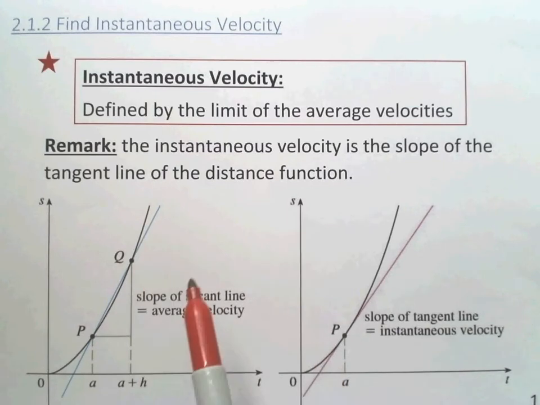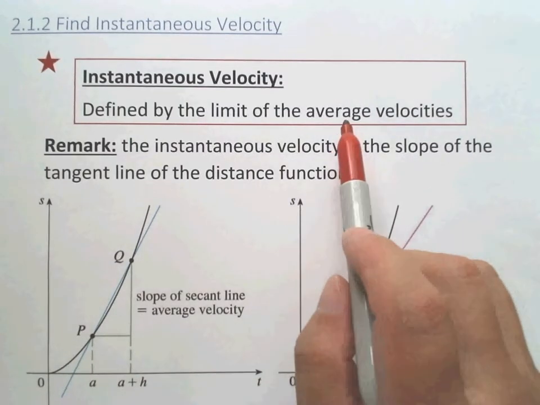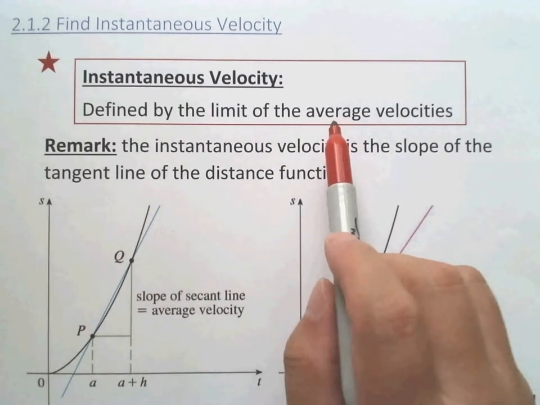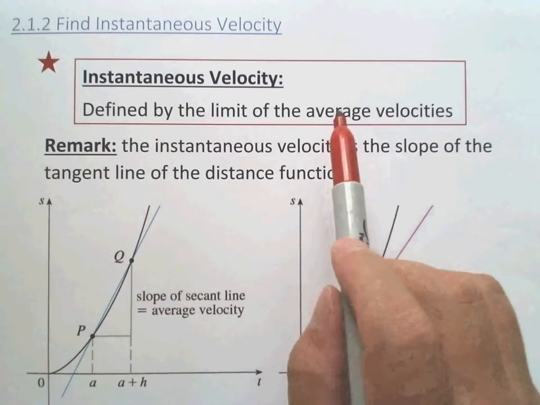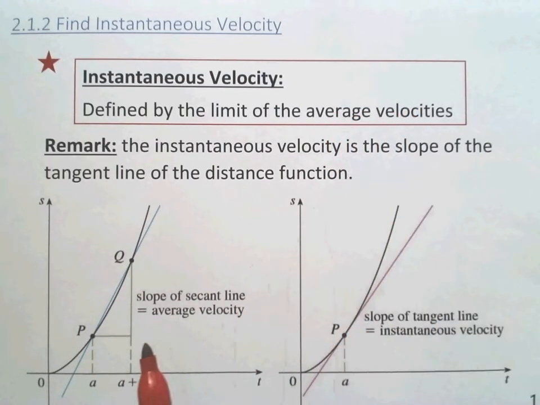Our question now: we look at a specific time, where we put t equals a. What is the instantaneous velocity? We are still going to solve the same problem. We use the limit of the average velocity, so we need to find the average velocity first.